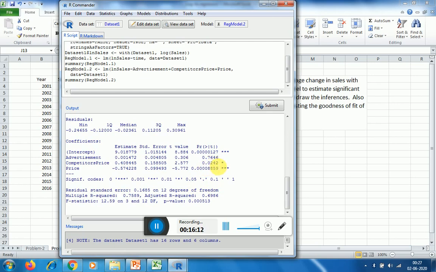Since this value is 0.02, it is greater than 0.01 but less than 0.05, so we can infer on the basis of this that competitors' price is significant at 5% level of significance. Then price is also significant at 1% level of significance.